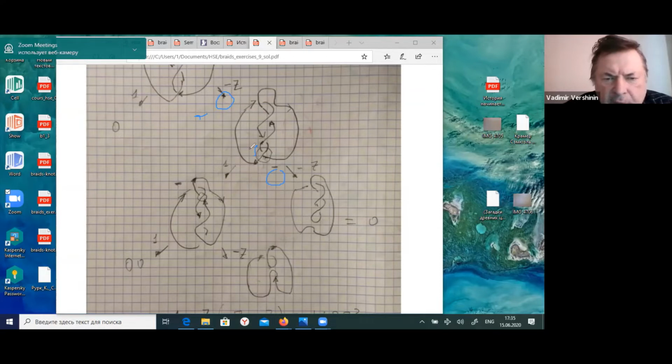if we make this resolution, we change crossing, we'll have this object, but now this undercrossing becomes overcrossing, again overcrossing, then it becomes actually a Hopf link, right?